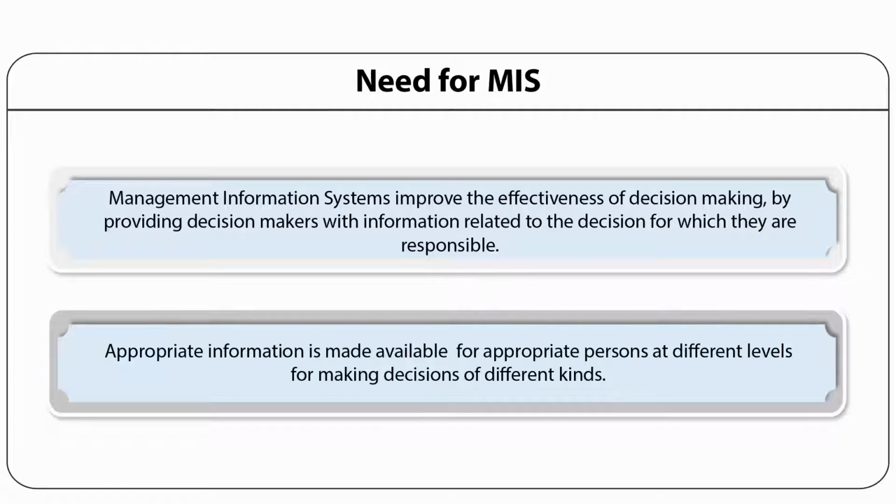Some of the reasons why we require MIS are technological developments and information overload. The technical developments and the technology applications in various areas have necessitated the need for MIS, because information is provided at a faster pace, and whatever is going on in an organization is easily available at one place.